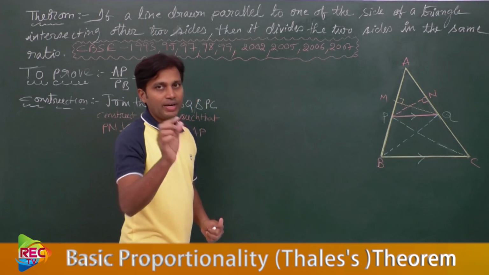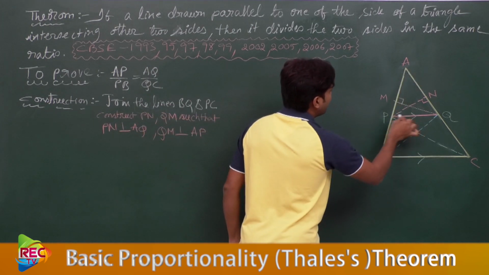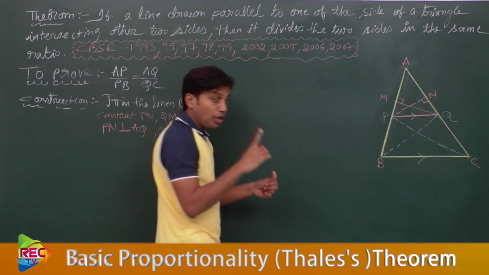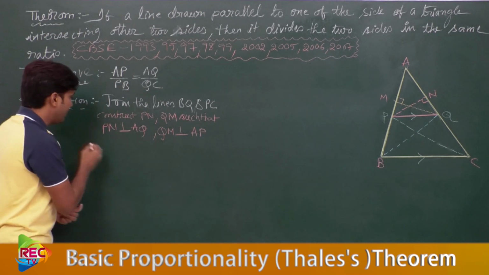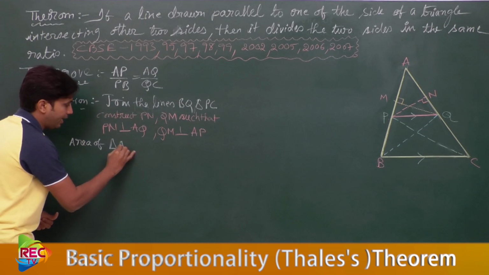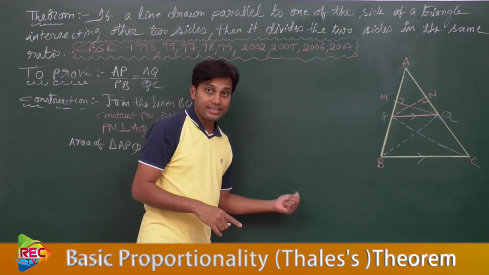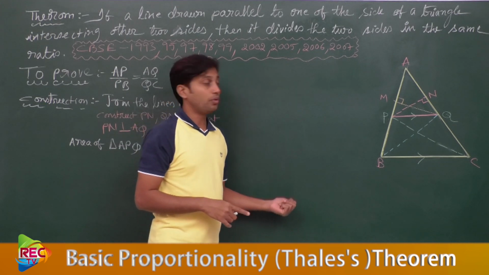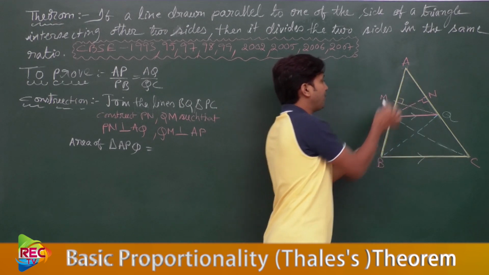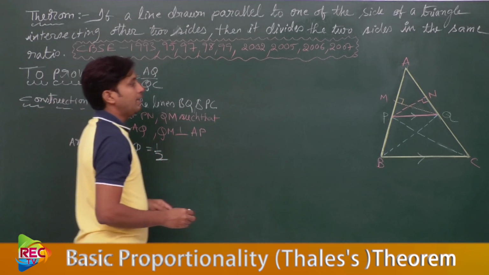Let me write the required information over here. Now tell me, here we'll consider triangle APQ. If you want to find the area of triangle APQ, let me write it down according to the basic formula. What is the area of triangle APQ? Half into base.